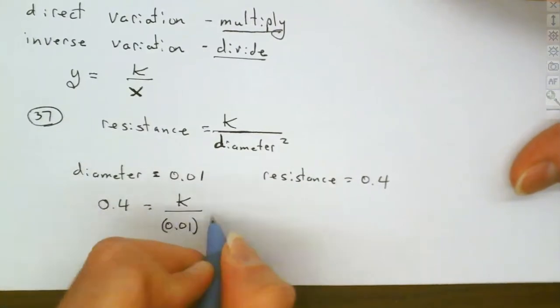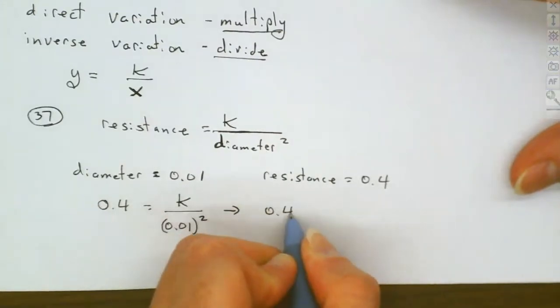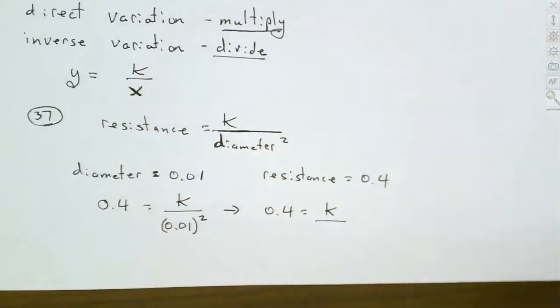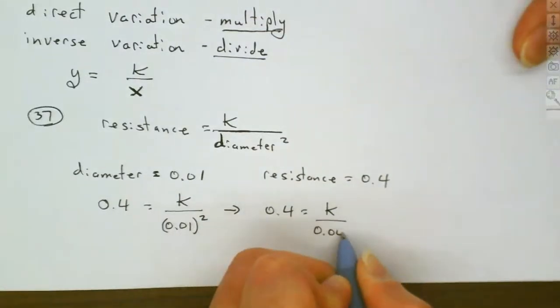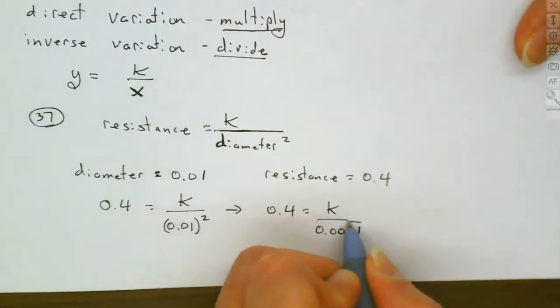0.01 quantity squared. So that gives me now 0.4 equals K over, we've got to square that diameter, which is then 0.0001.